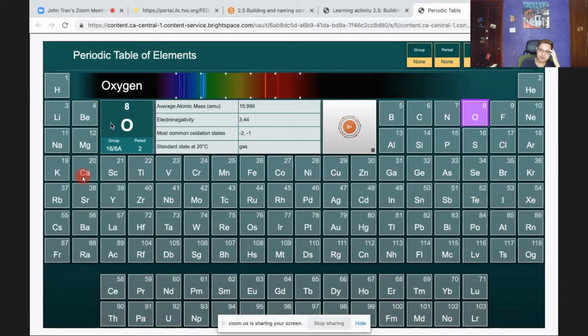And carbon is group 4A. So carbon has 4 electrons to start with, and oxygen has 6 electrons to start with. And now you have CO2. So basically, the carbon should be the one in the middle, isn't it?